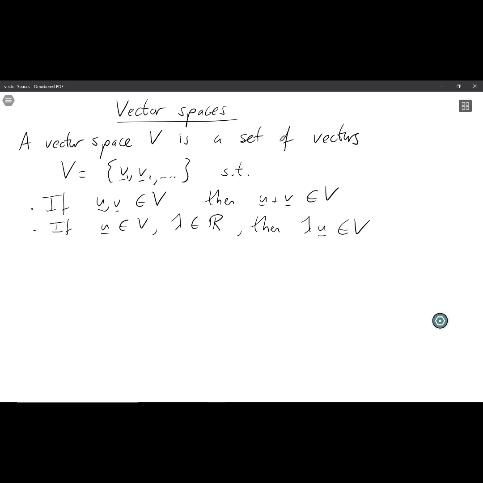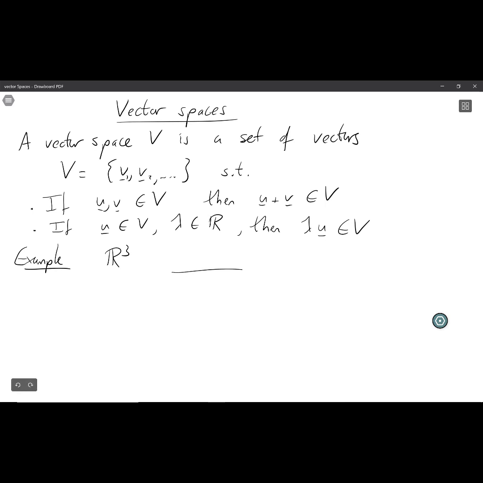So U plus V equals V plus U, and lambda times (U plus V) is lambda U plus lambda V, etc. So the examples we normally think of are Euclidean space, things like R3. Okay, so that's the kind of thing to hold in mind. Think about vectors in three-dimensional space.